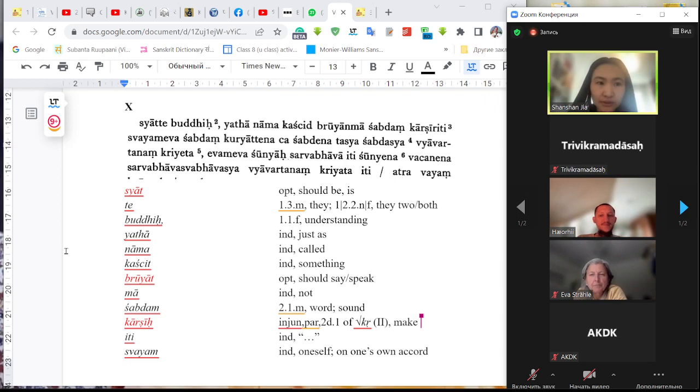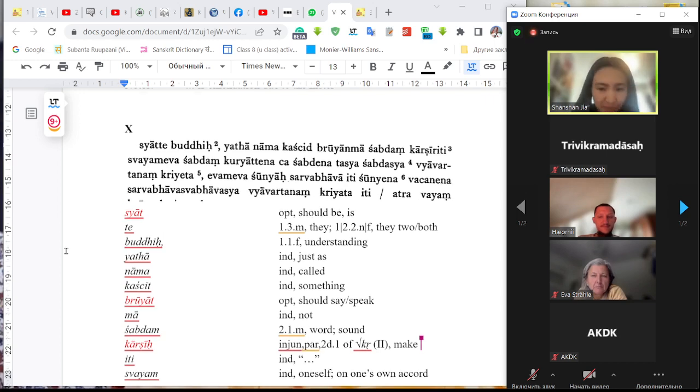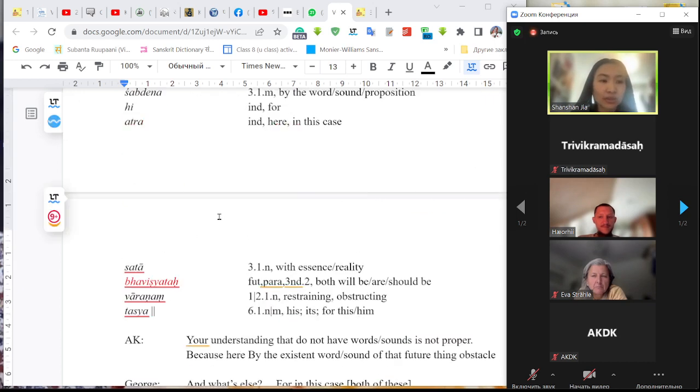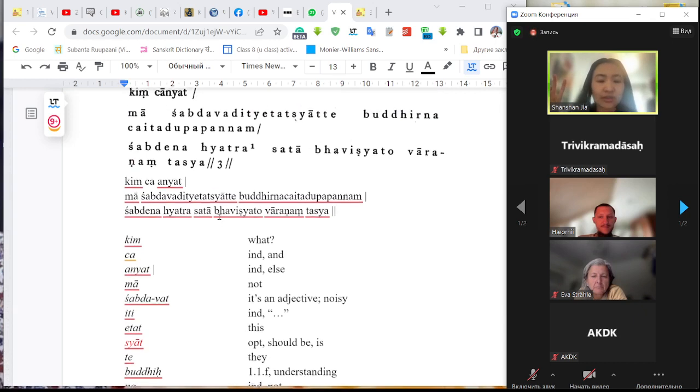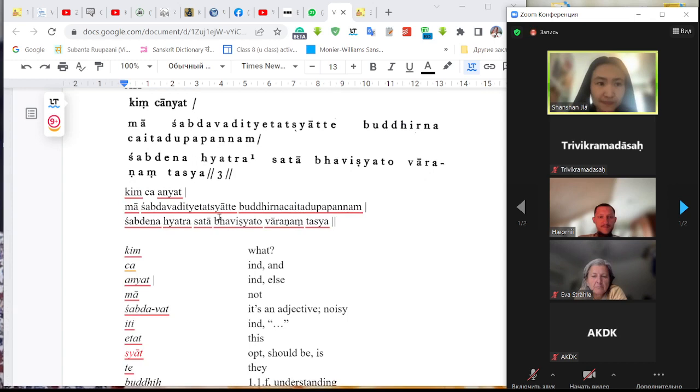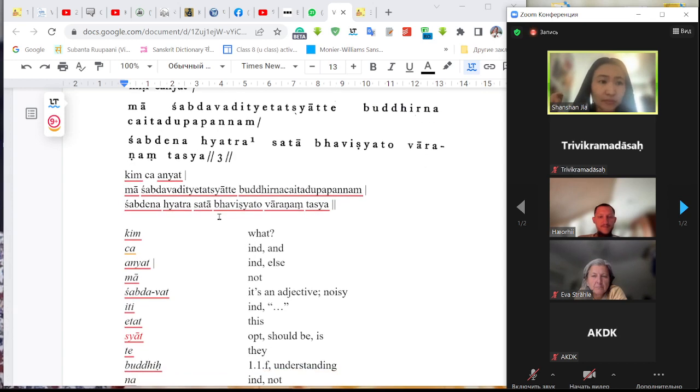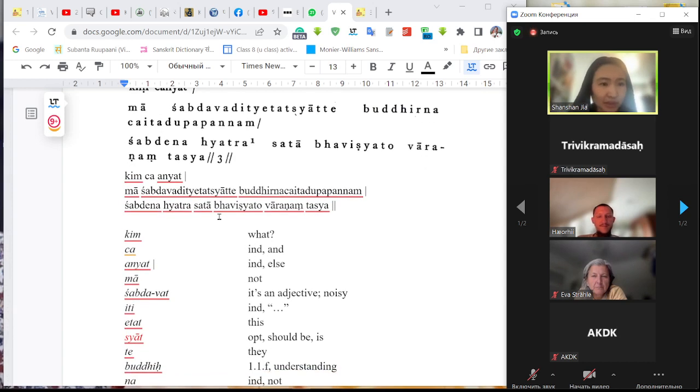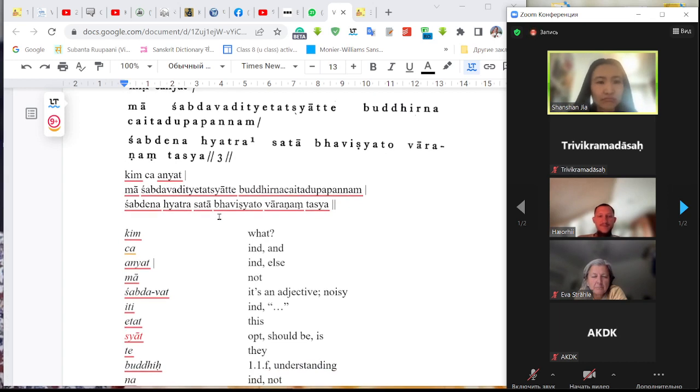Ma shabdavat. So in this case, the tricky thing is that the shabda in the verse is not the shabda in this prose sentence, "Ma shabdam karshihi." That is the problem.